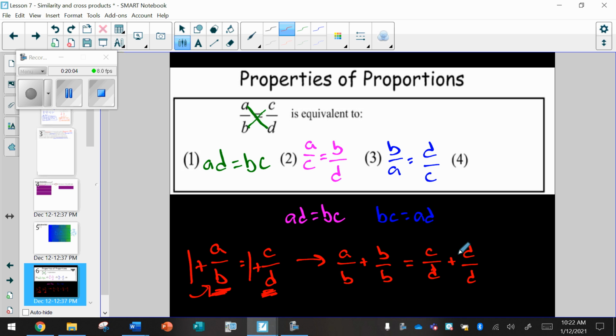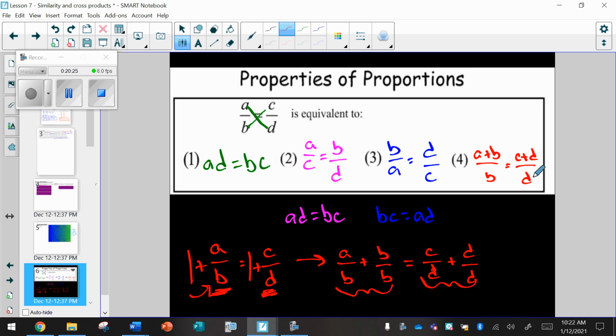That gives me, when I combine each side of my equal sign into a single fraction, since they have a common denominator, A plus B over B equals C plus D over D. That one's a little different, but still okay.